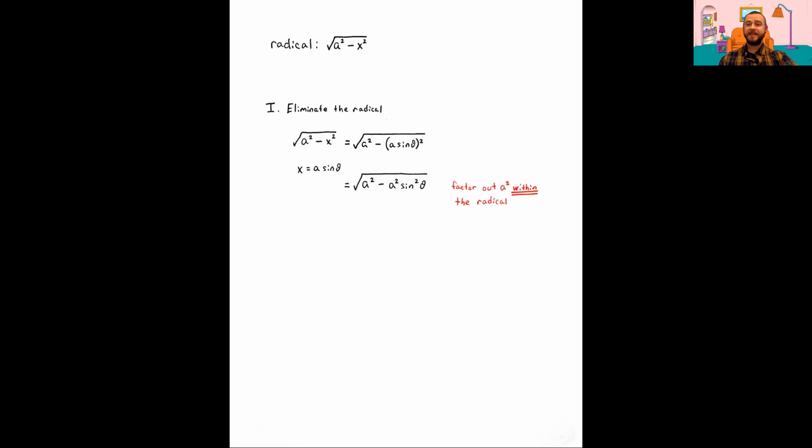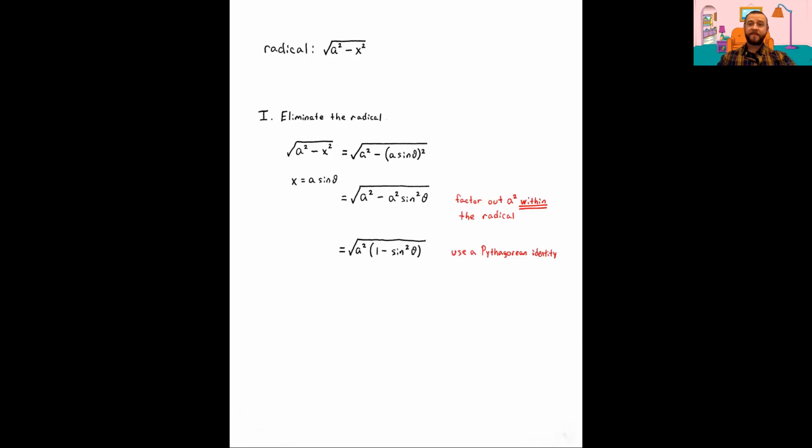All right. And then the biggest algebraic trick is we factor something out within the radical. And notice each term in the radical has a factor of a squared. So we'll factor that out, but it's factored out within the radical, the square root.